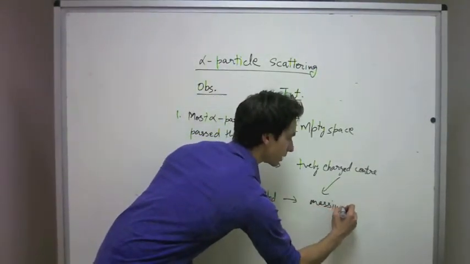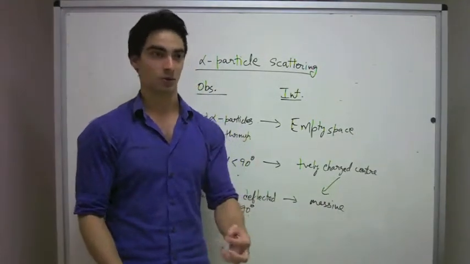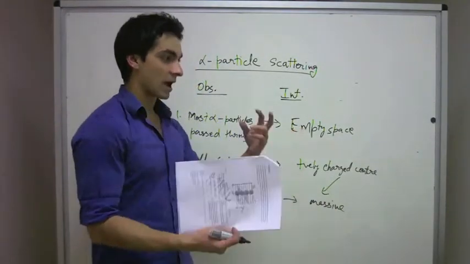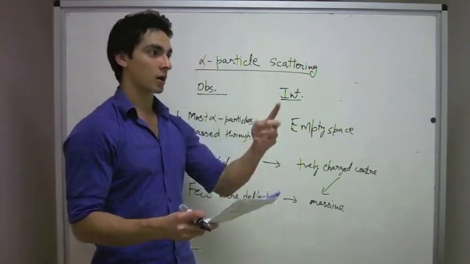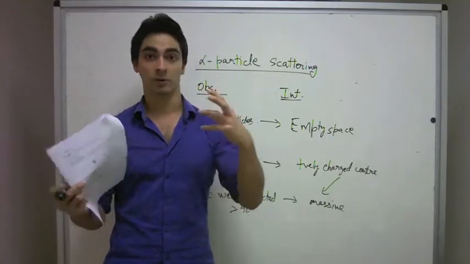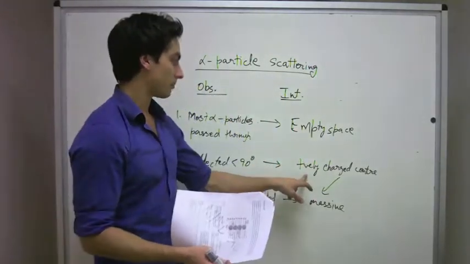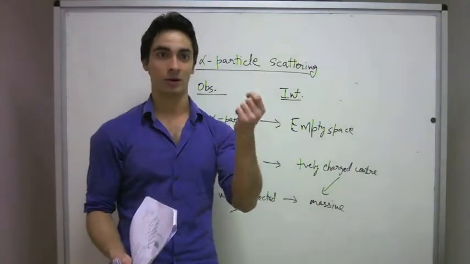Now massive does not mean a large size. Massive means that it had a large mass. Okay, so remember, an atom, if you have to scale it up, it's pretty much like the electrons are orbiting in the space of a football field, right? The massive nucleus is just the head of a pin in the football field.